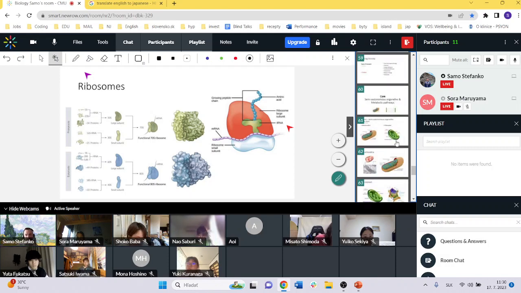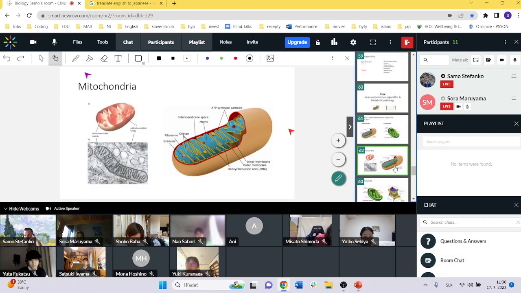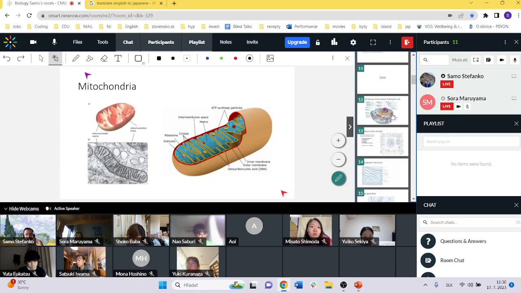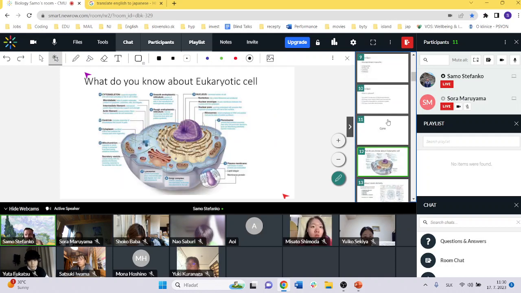Here is the slide. In some examples, almost 50% of the cell volume can be made of mitochondria.